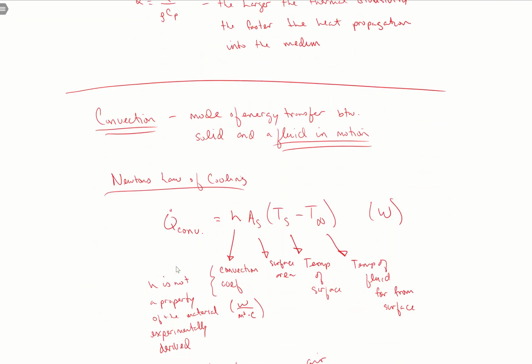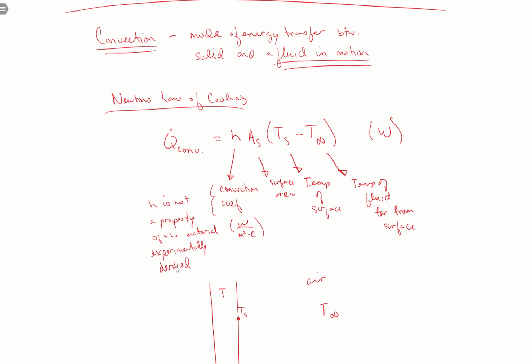Okay, let's go over convection now. So again, convection is another mode of heat transfer. And what's important here is that it's a mode where you have a solid that's adjacent to a fluid that's in motion. So it's the mode of energy transfer between a solid and a fluid in motion.